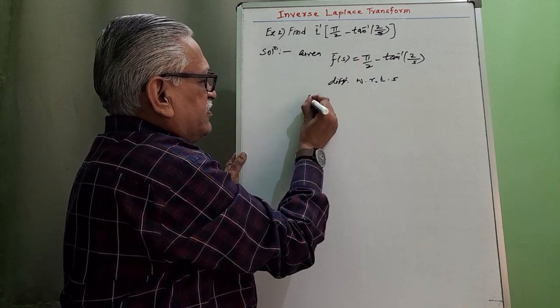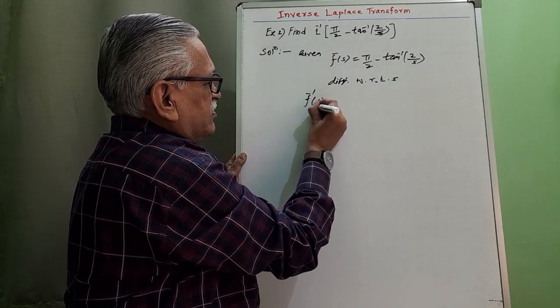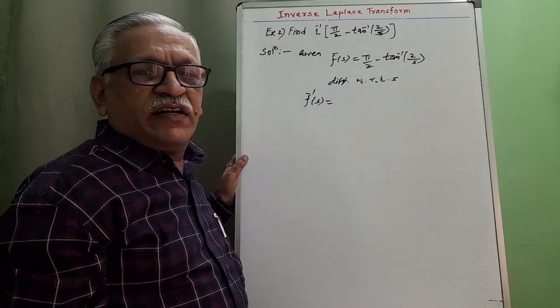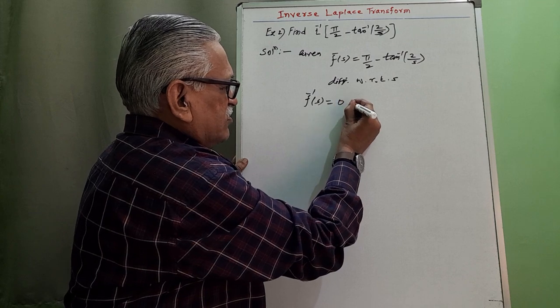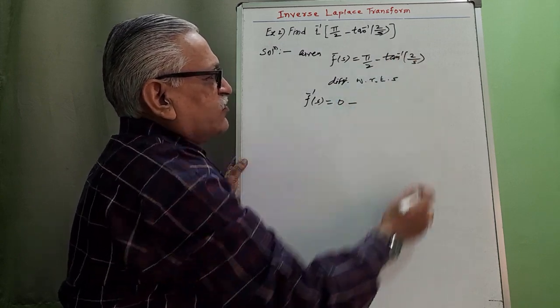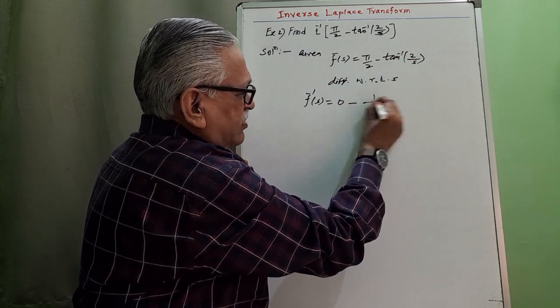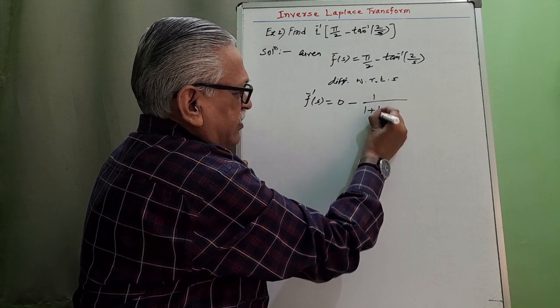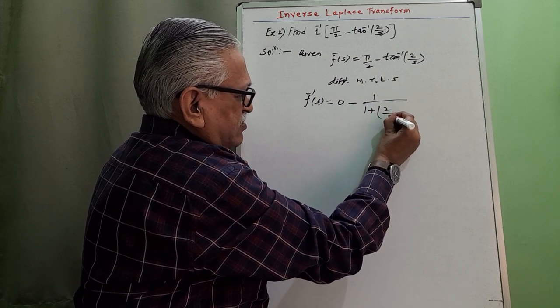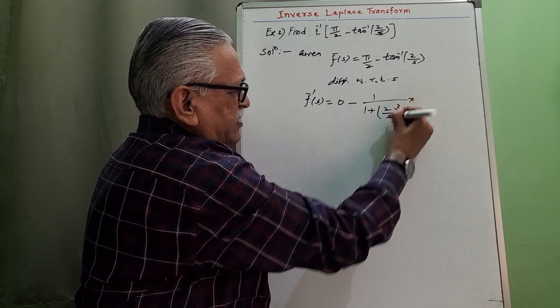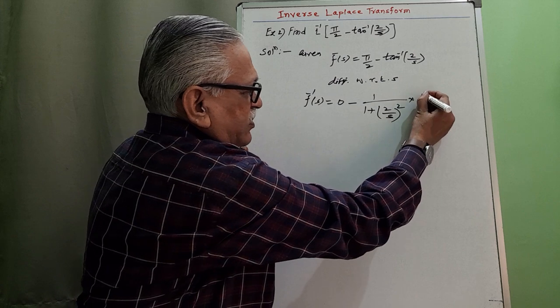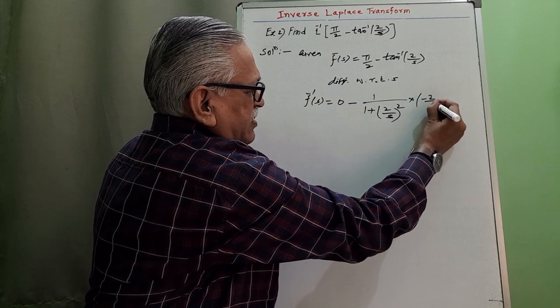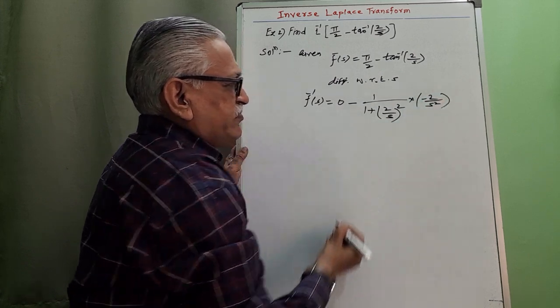Differentiation of left hand side is f dash of s. Differentiation of right hand side, pi by 2 is a constant term, its derivative is 0, minus derivative of tan inverse is 1 upon 1 plus x square, therefore 1 plus (2 by s) whole square, applying chain rule as it is a function of function. Derivative of 1 by s is minus 1 by s square, therefore it becomes minus 2 by s square.